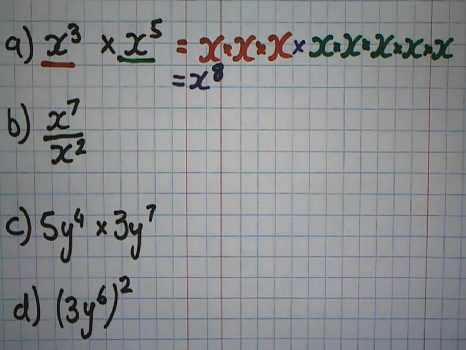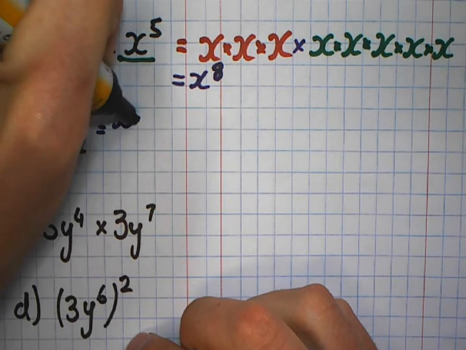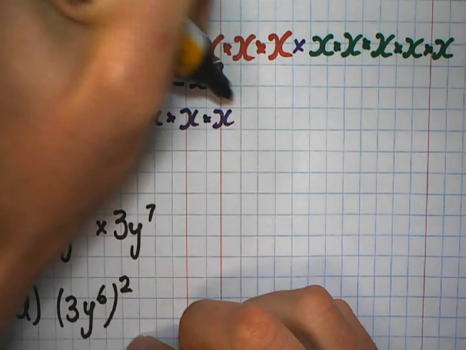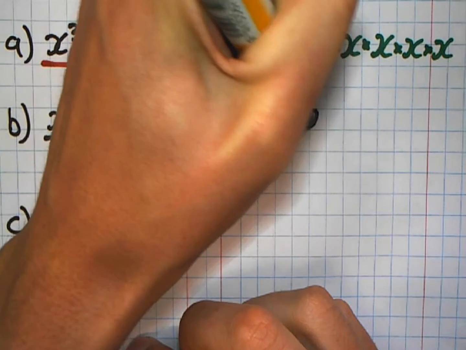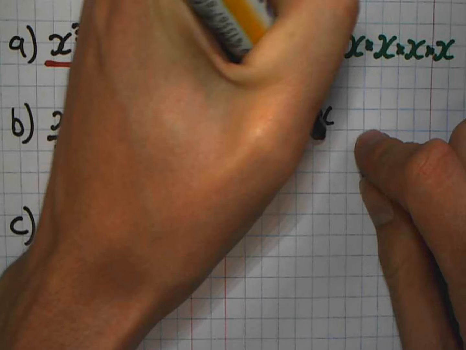Now for this next one, I'm going to also write this one out in a longer form. So x to the power of 7, there's 7 along the top there, and then we're going to put 2 along the bottom.